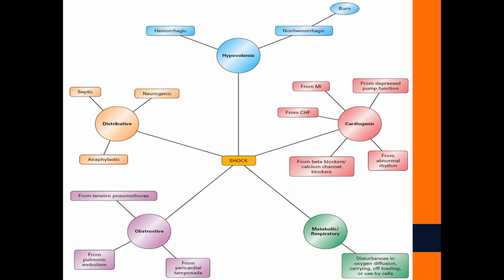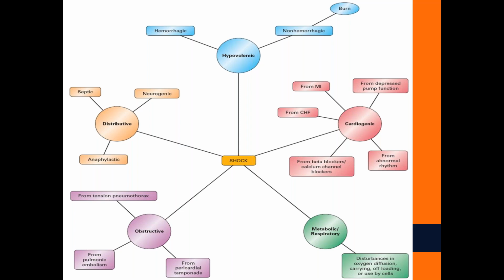It could be an abnormal rhythm. It could be our patient has been prescribed a new medicine, like certain medicines for blood pressure. Beta blockers or calcium channel blockers are both really good blood pressure meds. But if it's new to your patient or your patient accidentally took too many, it's going to limit the heart's ability to adequately pump blood around.